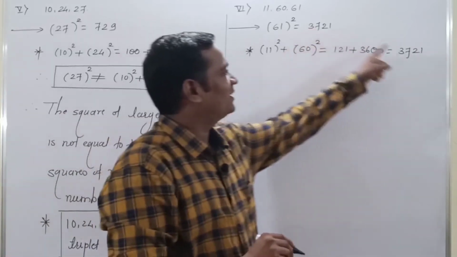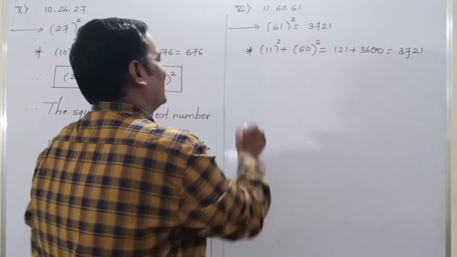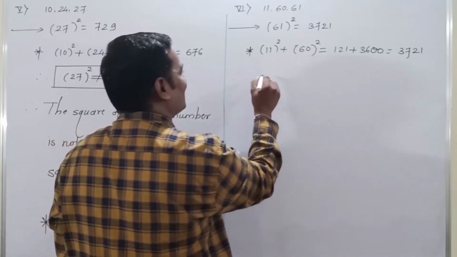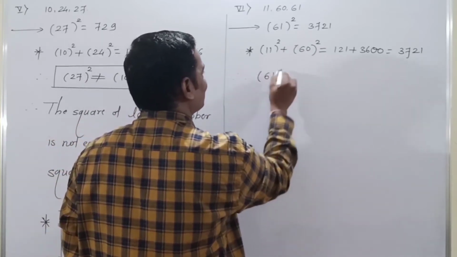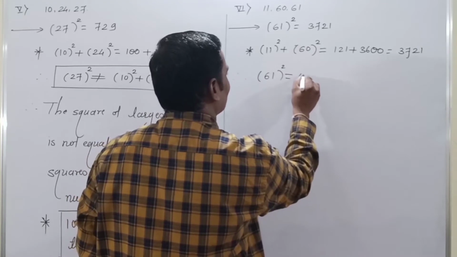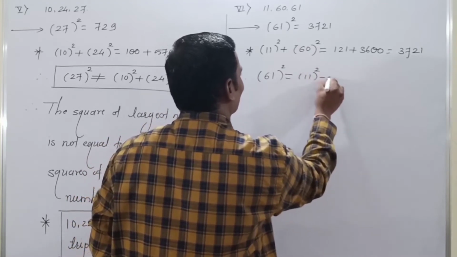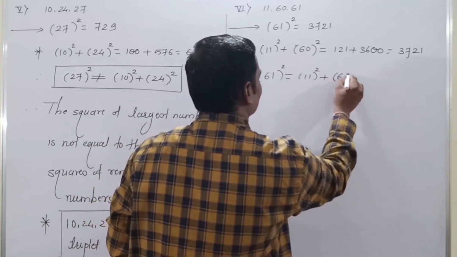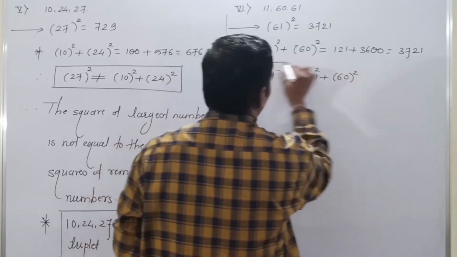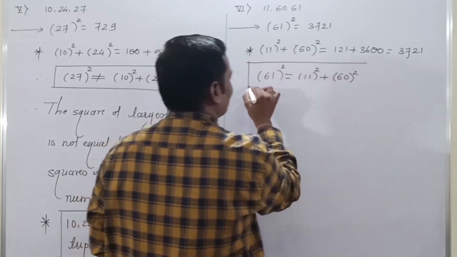Now both are equal here again. So that will be like this. Next step is 61 whole square is equal to the 11 whole square plus 60 whole square, sum of the remaining two numbers.